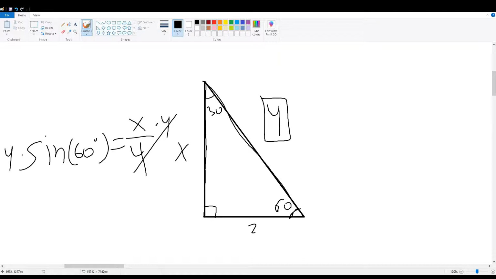I encourage you to try it on your calculators. I'm going to try it on mine. So we do 4 times the sine of 60, and we get 3.4. It's about equal to 3.4. x is going to be approximately equal to 3.4.